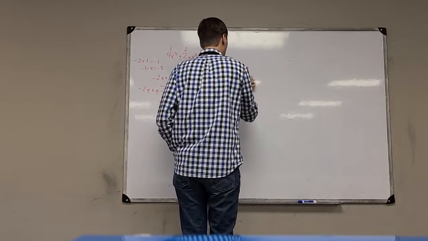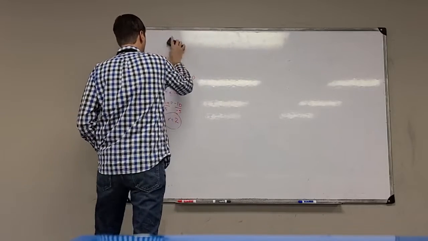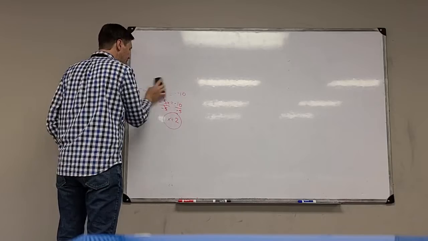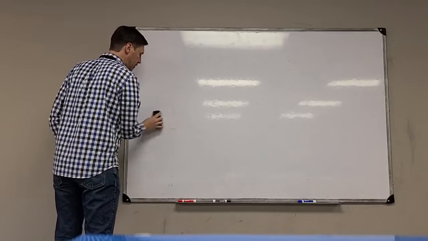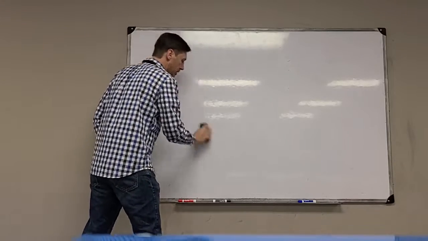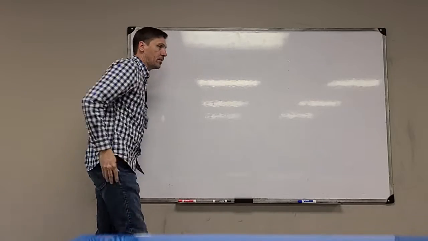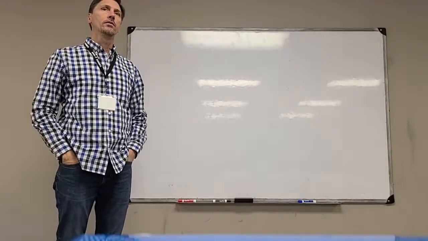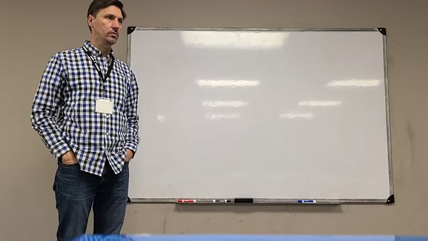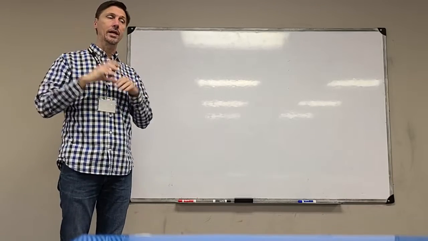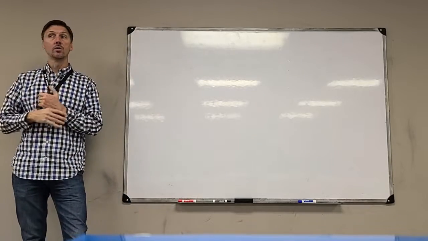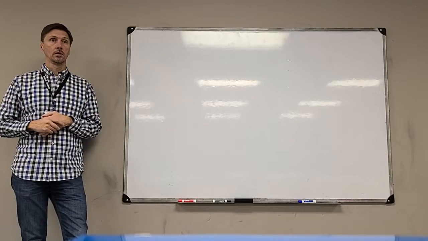I don't want you to get confused about that. The basic idea is that if you're adding and subtracting, you can only add and subtract terms if they have the same variables, right? Those are what we call like terms. Like terms matter when you're adding and subtracting. When you're multiplying, it doesn't matter.